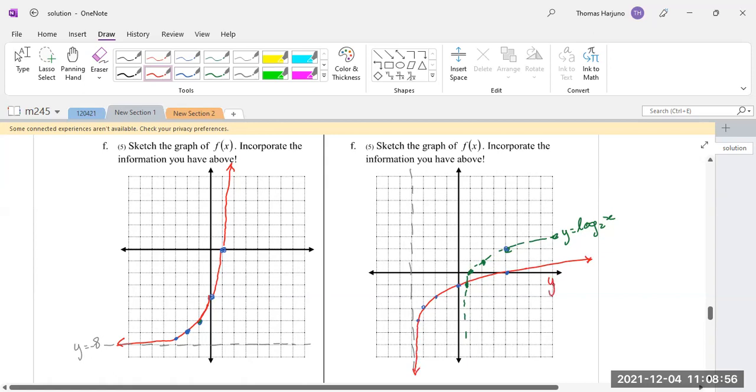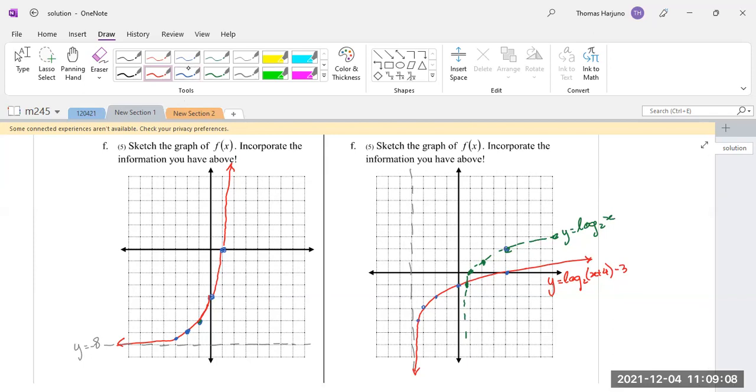This is y equals log base 2 of (x plus 4) minus 3. Again, don't forget to give me the three important coordinates that come from the three important coordinates in the basic graph, log base 2 of x.